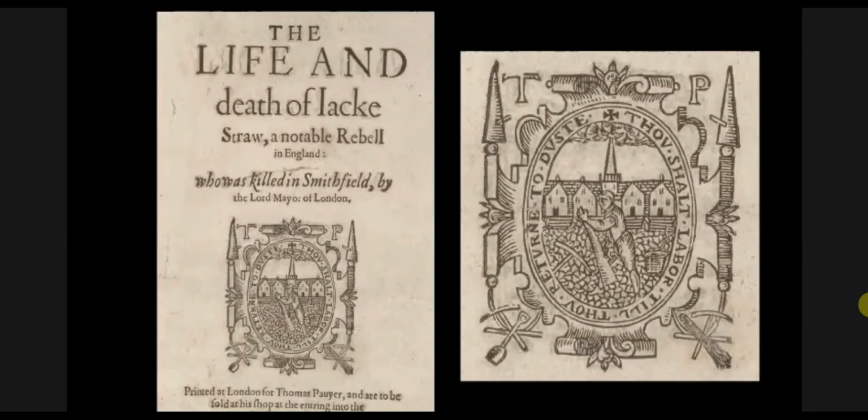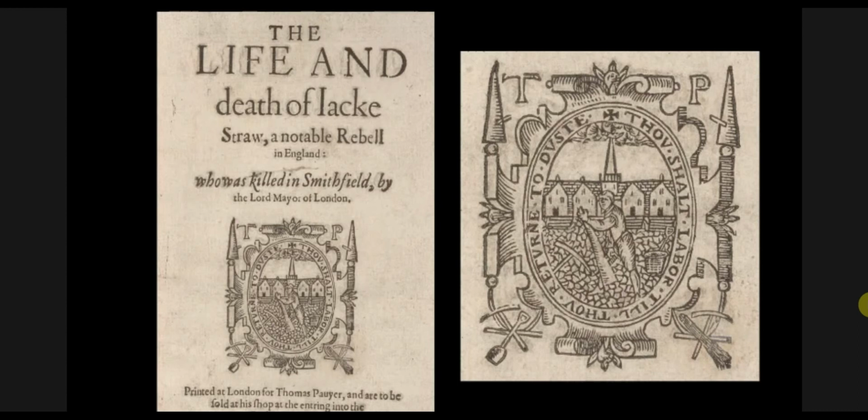publisher Thomas Pavier invested in the second edition of the anonymous Jack Straw, a history play about the Peasants' Revolt in 1381. The first edition of the play had been published in 1594 by John Danter and contained a different title page ornament, while the second edition of 1604, shown here, features an ornament that acts as a calling card for the new publisher, Pavier.